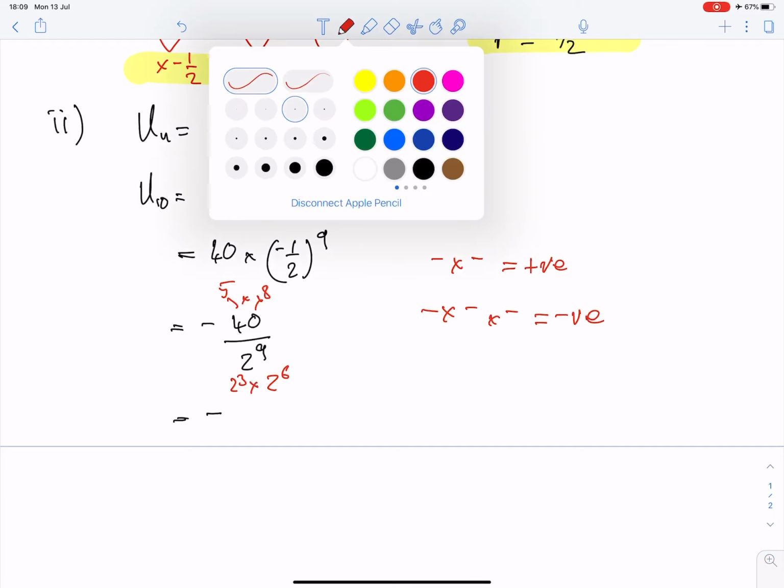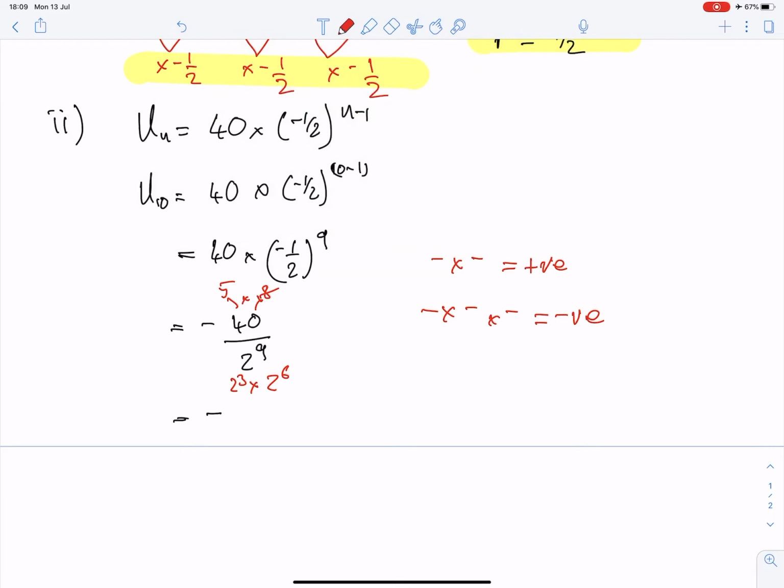Okay, so 2 to the 3 cancels, so we've got negative 5 over 2 to the 6, which is 64. Hope that's clear.